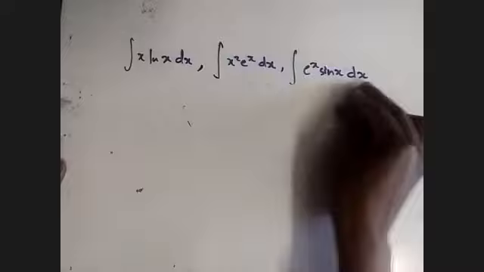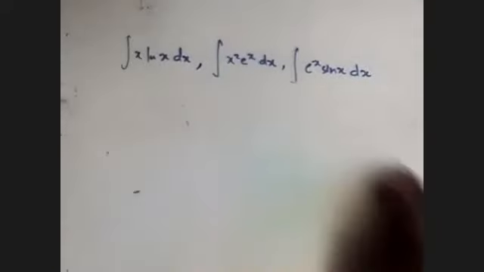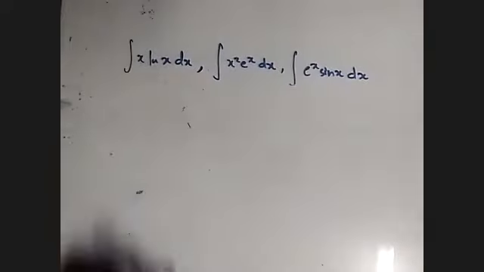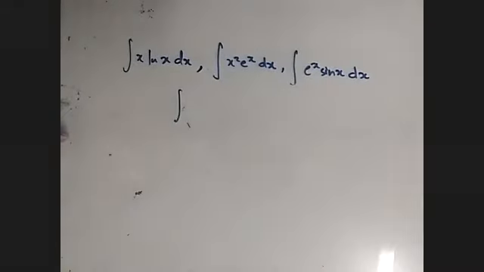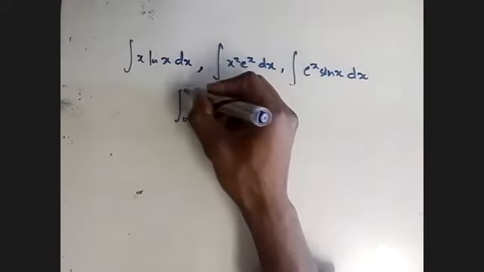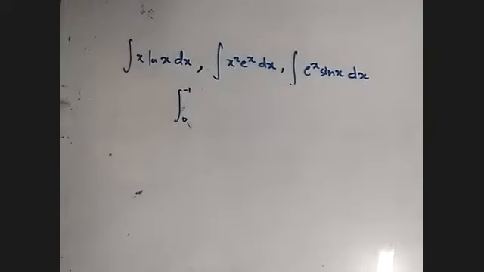But before I move on to these ones, I just started with the elementary. Let me give you a question that most people want to know how to apply. Let me say now they give you the integral of, let me make it a bit complicated, from 0 to -1.